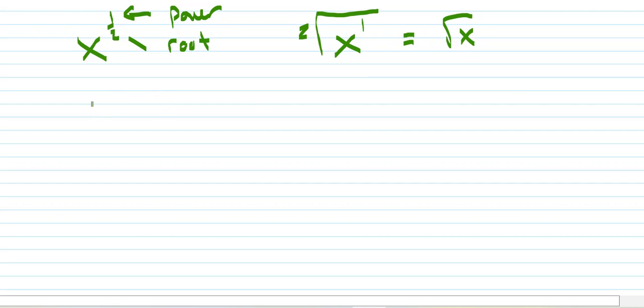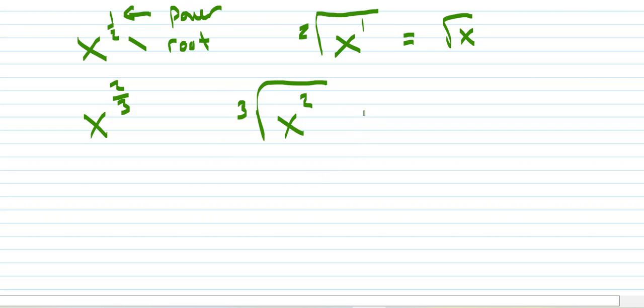This procedure applies to any variable raised to any type of rational exponent. In this particular case, the 2 is the power. So in radical form, we would have x to the 2nd power, and the 3 is the root, so we would have the 3rd root.